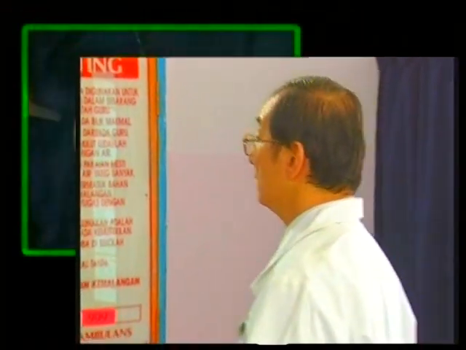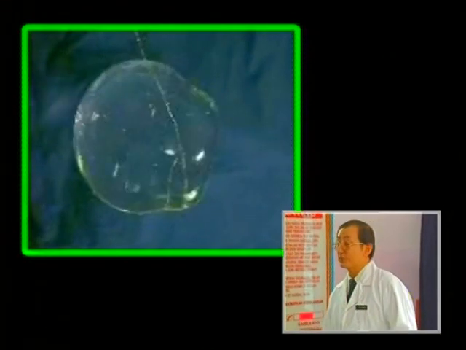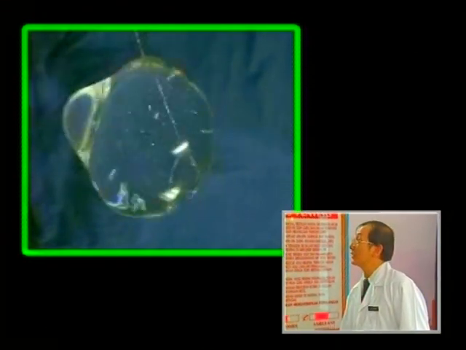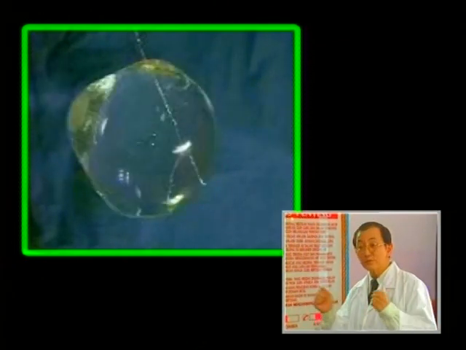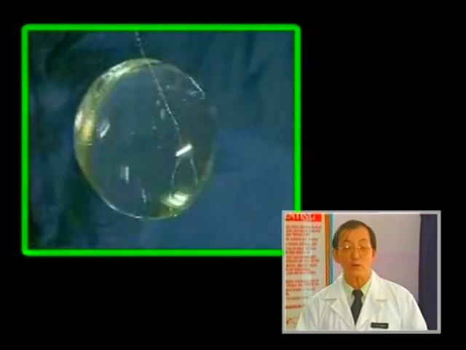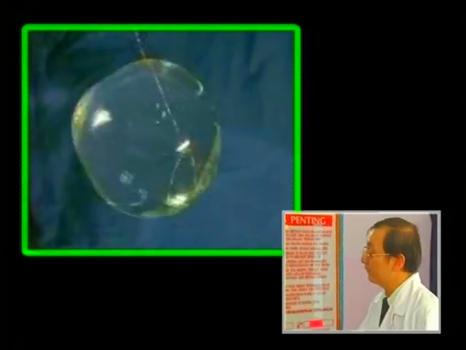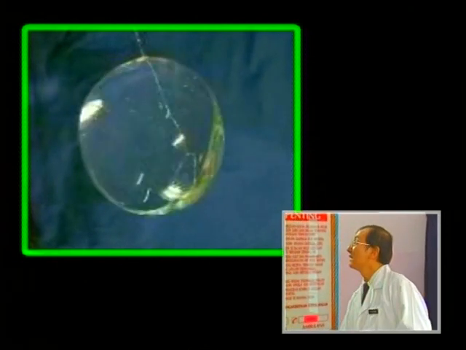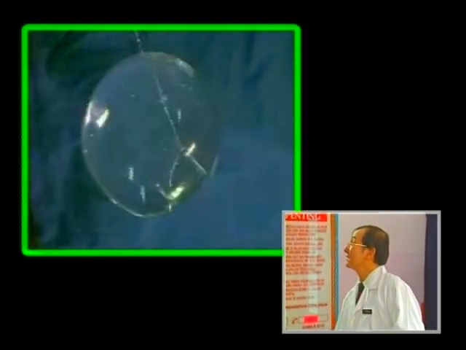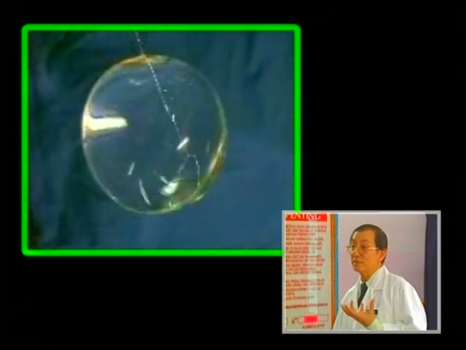For the same volume of liquid, a sphere has the minimum surface area. So the attractive force between liquid molecules will pull all the molecules in to form the minimum surface area. Therefore, it will form a sphere. So in the ISS, the sphere can be very big.